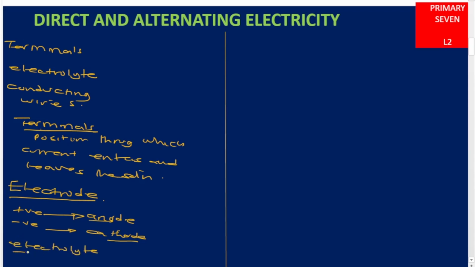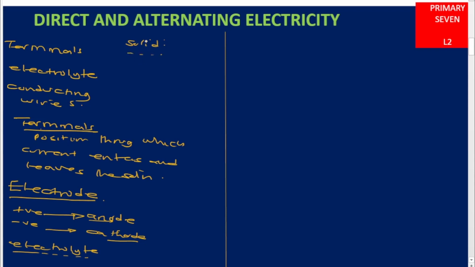When we started this topic, we looked at a conductor, and we defined a conductor as a solid substance that can allow electric current to pass through it. Now that is a solid.